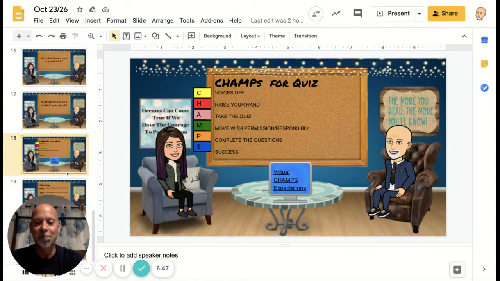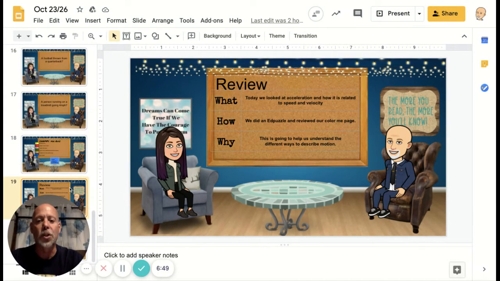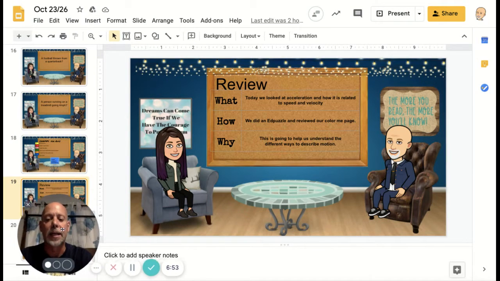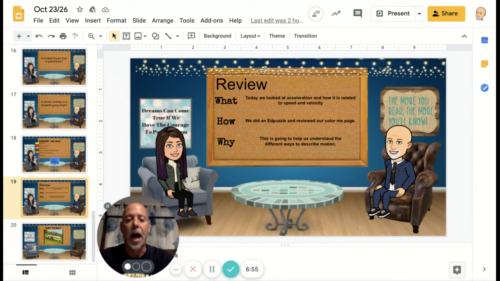All right? So we also have a quick review. What the review is today is that we looked at acceleration and how it is related to speed and velocity. We also did this wonderful Edpuzzle that you're in right now and reviewed our Color Me page.